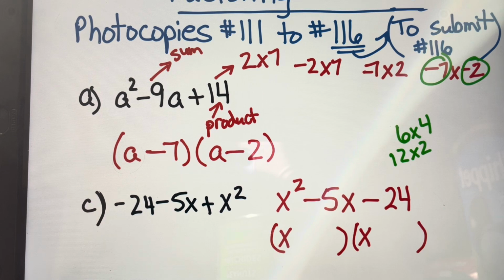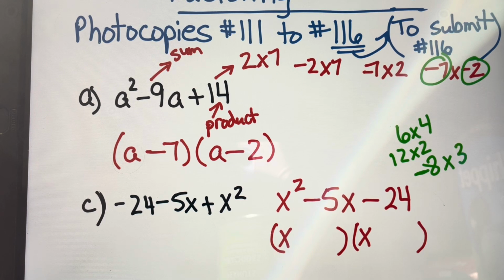What if we do 8 times 3? Oh, this has potential. 8 minus 3 would give me 5. Or negative 8 plus 3 would give me negative 5.